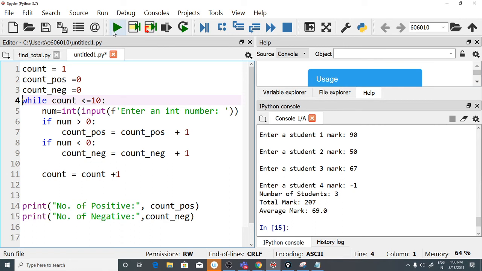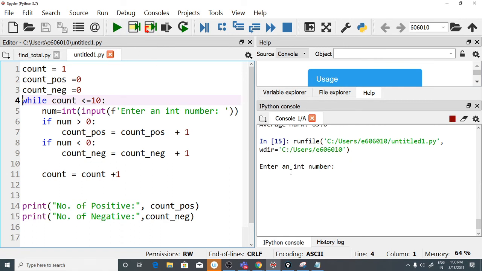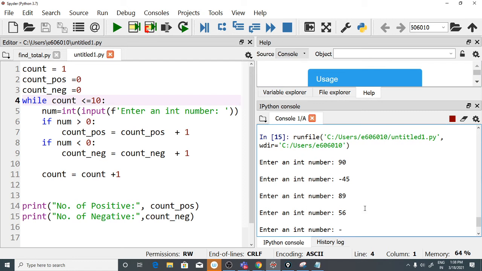Okay students, now I will run the program. Enter an integer number. I enter 90. Integer number, I enter minus 45, then 89, then 56, minus 2, minus 1, okay, and 90, 45, 67, 90.